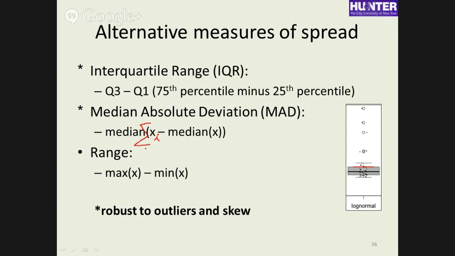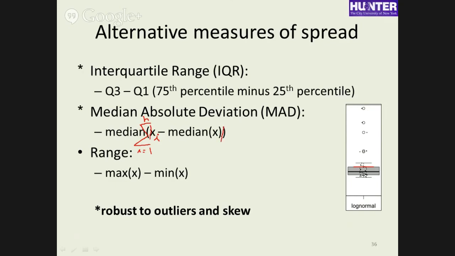This has to be summed from i equals 1 to n, and this is an absolute value. So I'll put bars here.